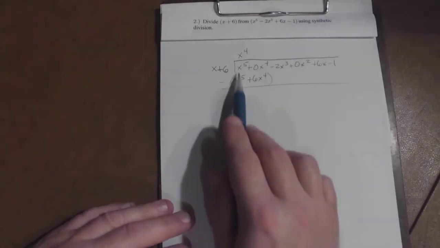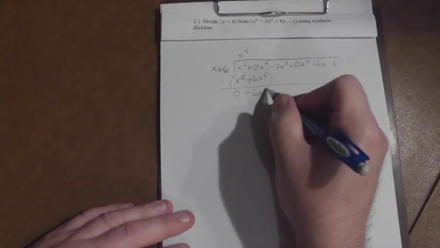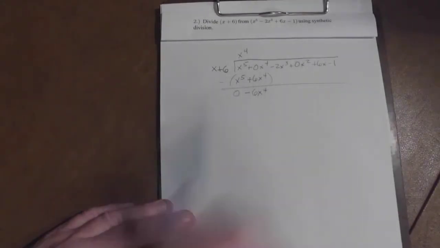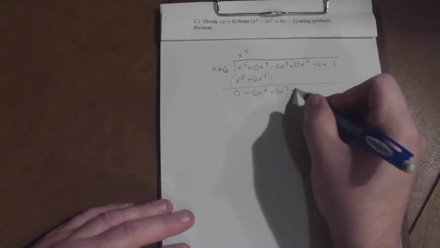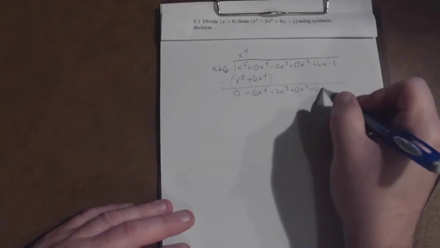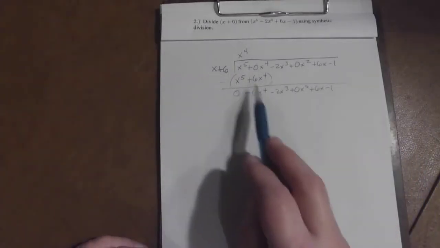If we subtract that from what's above, this will yield 0 minus 6x to the 4th. That minus, don't forget to distribute. Bring down the rest, minus 2x cubed plus 0x squared plus 6x minus 1. And I start the process over.